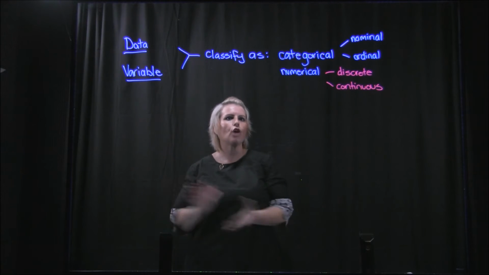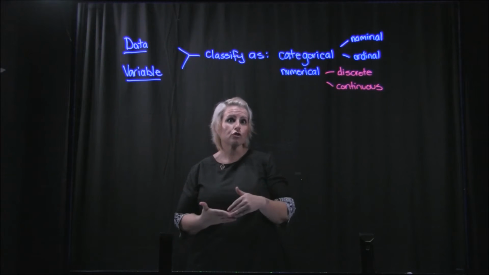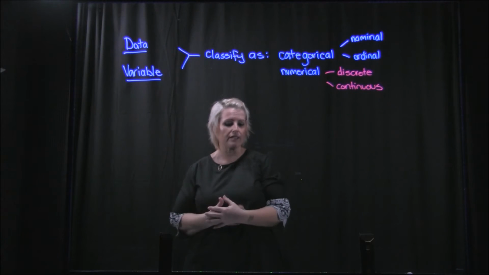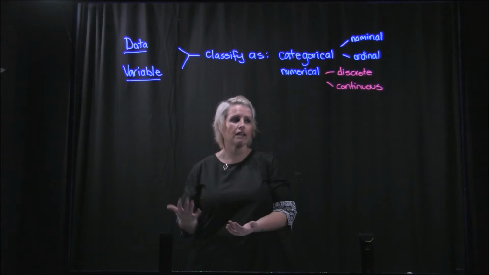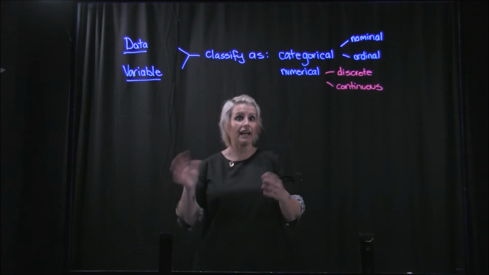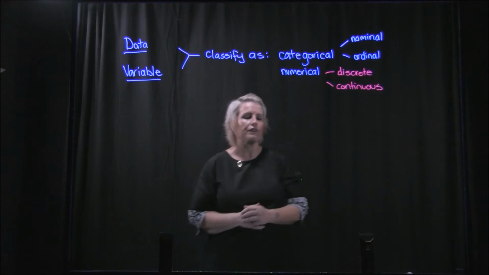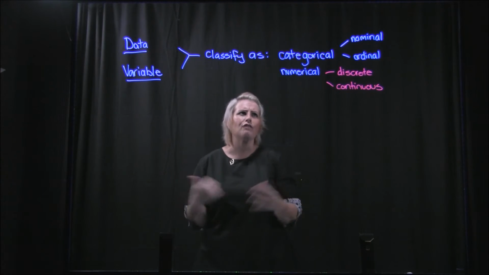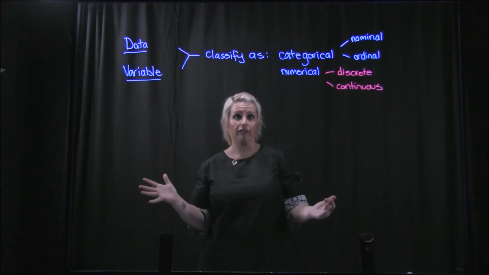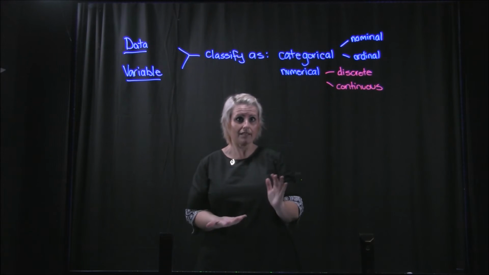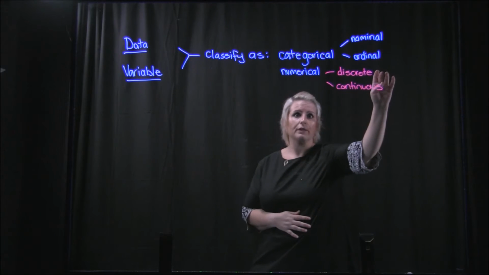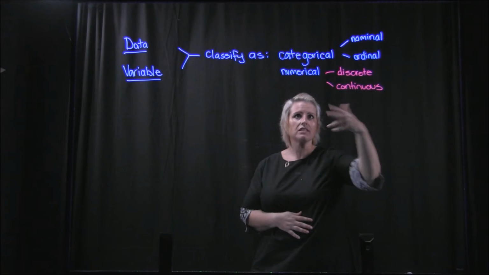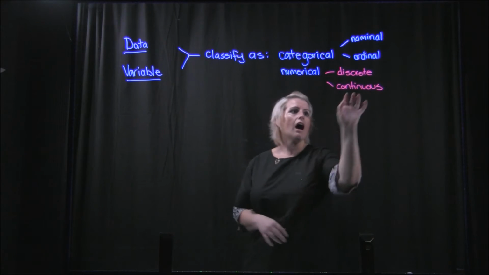So a particular value like shoe size. Your shoes can only be size 7, 7.5, 8, 8.5, 9, 9.5, that kind of thing. But you can't have 9.3675 as a shoe size, okay? It doesn't work that way. So that's discrete. Particular values, still to do with numbers though.